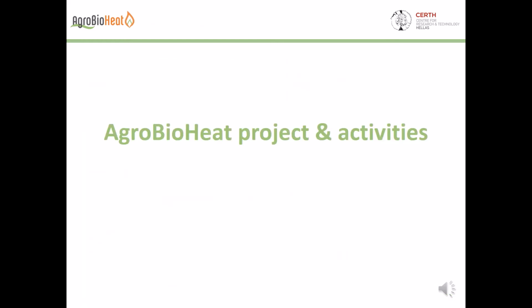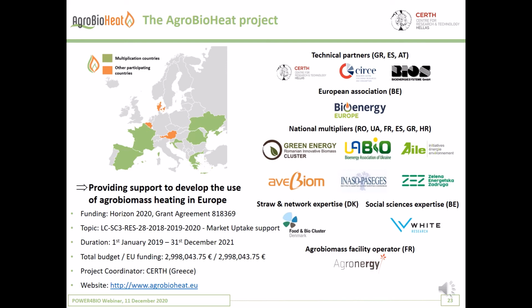And then moving on, I will say a few things about the AgrobioHeat project and its activities. AgrobioHeat is a project funded by Horizon 2020, and the main idea, as you can guess by the acronym, is to provide support to develop the use of agrobiomass heating in Europe.